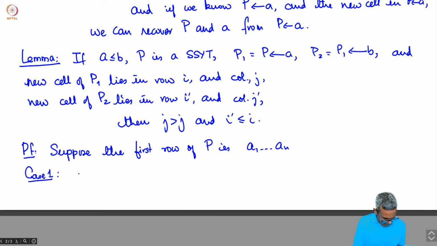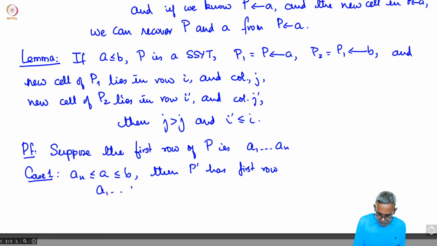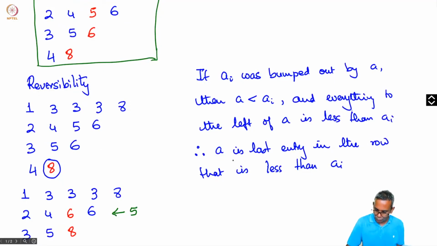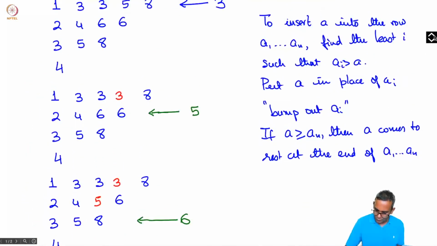Case 1: suppose AN is less than or equal to A, and we know that of course A is less than or equal to B. Then P prime has first row A1, ..., AN, A, B by the second rule that we have for insertion.